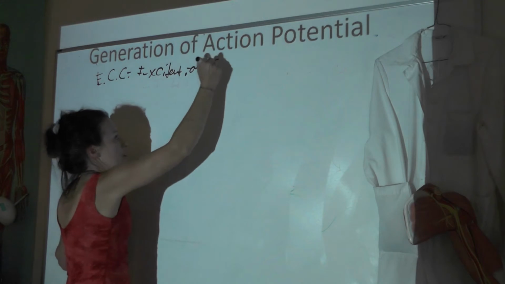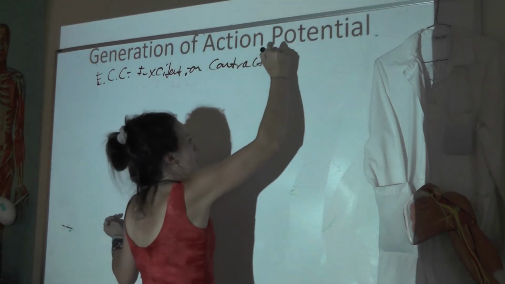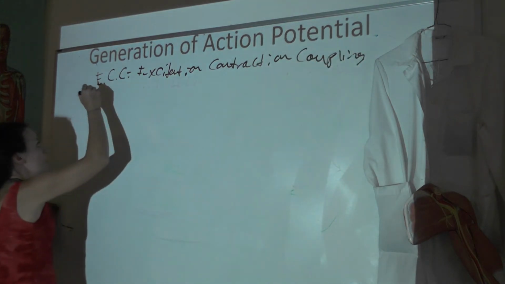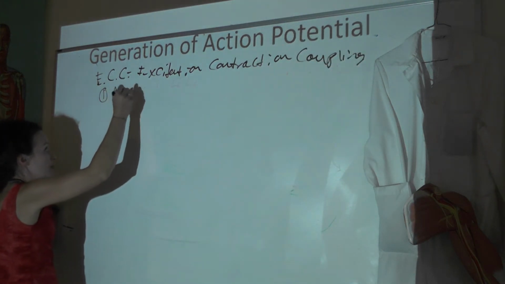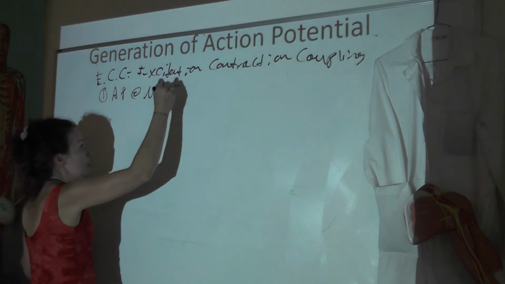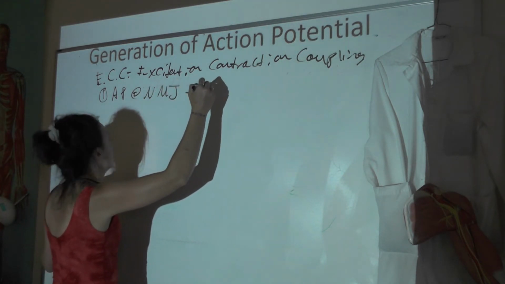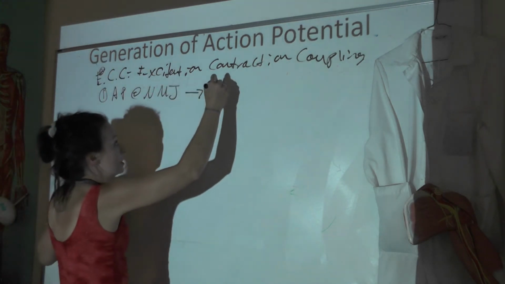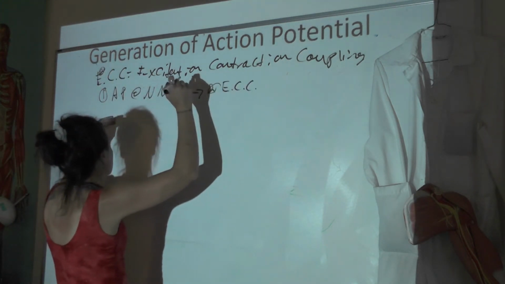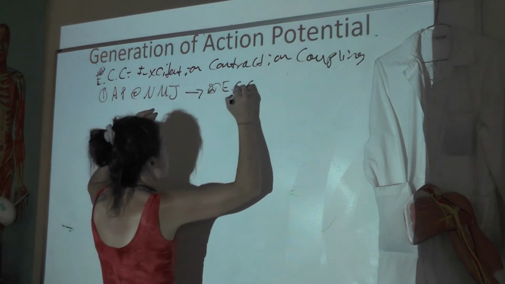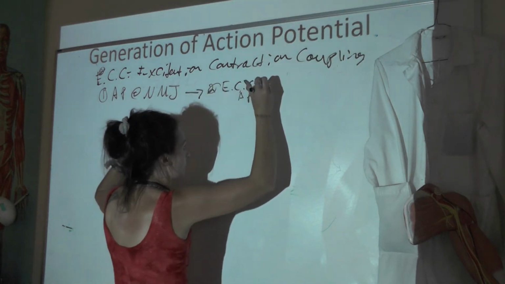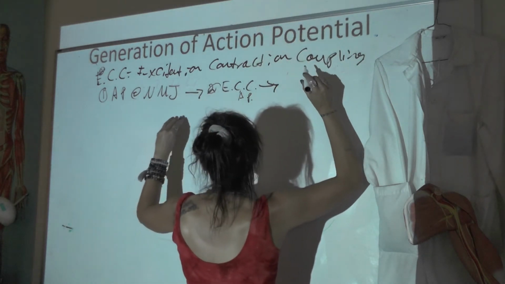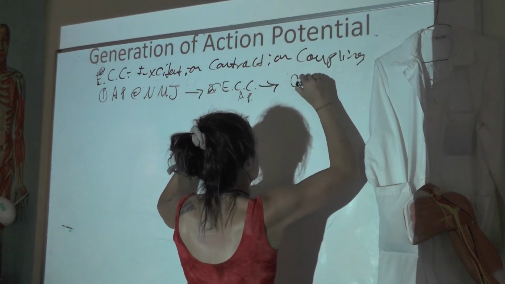And that is how we go from an action potential at the neuromuscular junction, to the second step, excitation contraction coupling, the conduction of the end plate potential to an action potential in the skeletal muscle fiber, to actual muscle contraction.